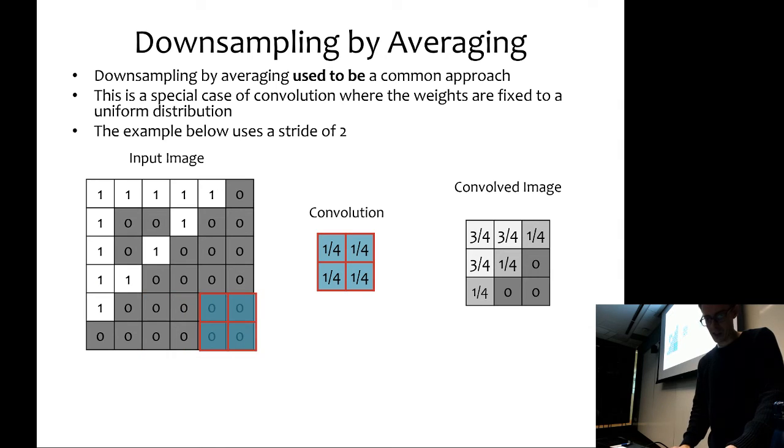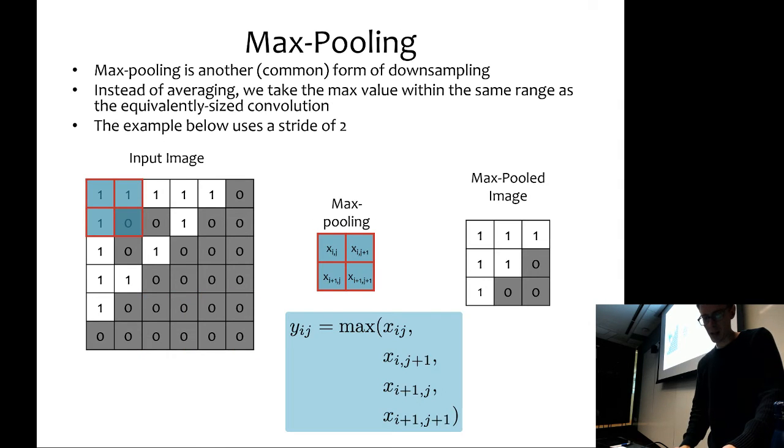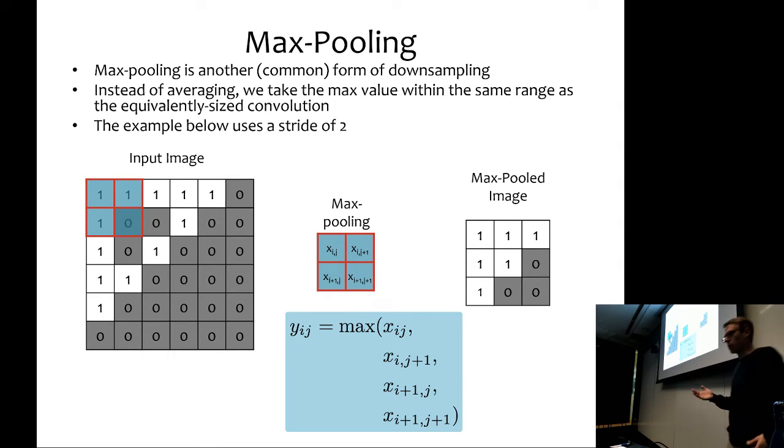So this is the same example as we saw before. And max pooling was this idea that replaced that, which was that instead of taking the average of all the values under the convolution, you could just take the max of all the values under the convolution. Okay.